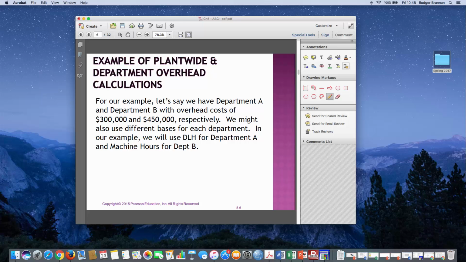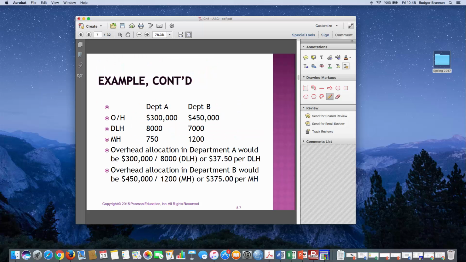Labor hours would be a relatively accurate measure of an activity to apply overhead. And in Department B, which is mostly machines, then yeah, machine hours would be an accurate way of allocating overhead. So you would take it and come up with the application rates of 3750 and 375.